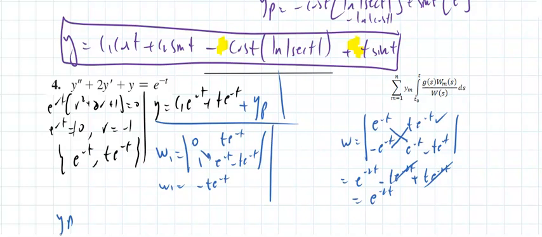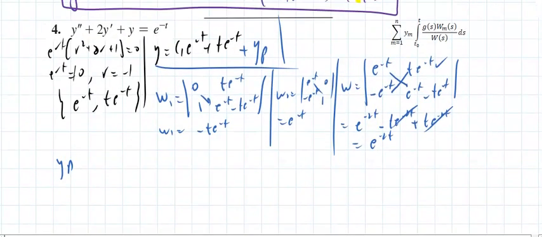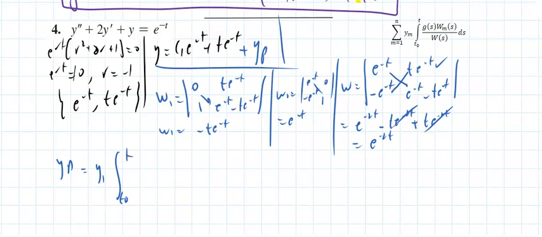Got it. And if you want to find w sub 2, that will be e to the negative t, negative e to the negative t, 0, 1. That will be simply e to the negative t minus 0. Got all the pieces that we need. The particular is going to be, and I'm going to write it out, m equal 1, the integral t naught to t, g of s, that's e to the negative s.